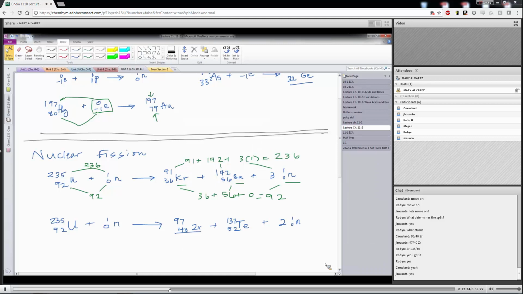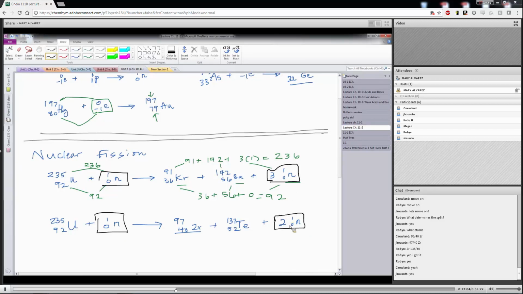Okay. Now this is interesting because nuclear fission is used in our nuclear reactors, which give us electricity. And I want you guys to notice that in order to initiate this reaction, in order to help it go, I'm going to shoot it with a neutron, right? But both of these reactions produced more neutrons as products.